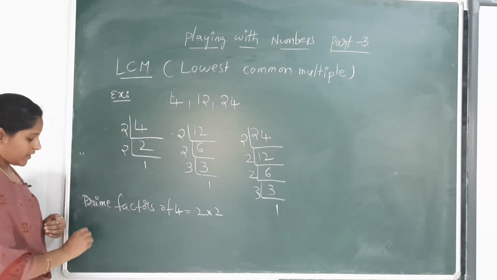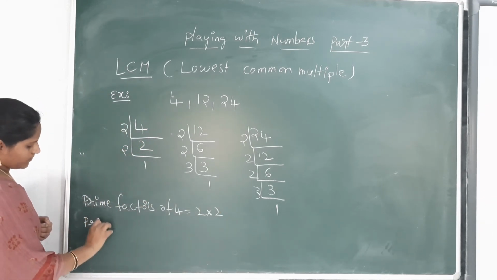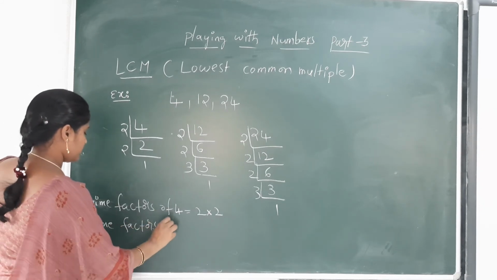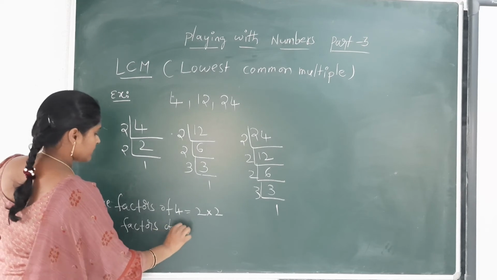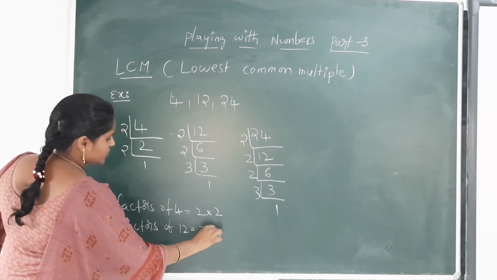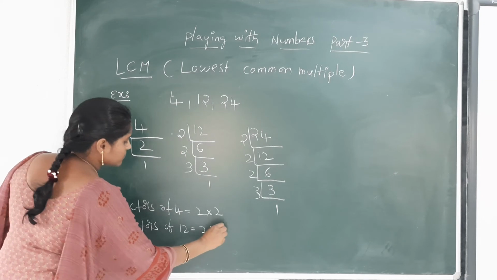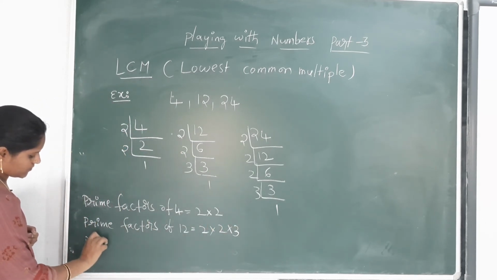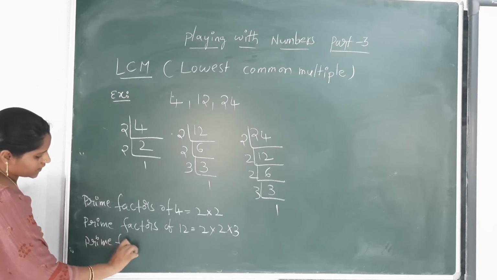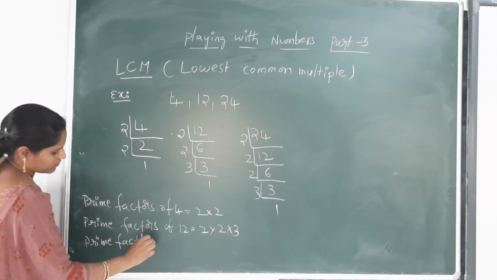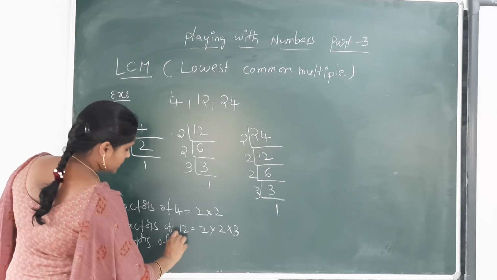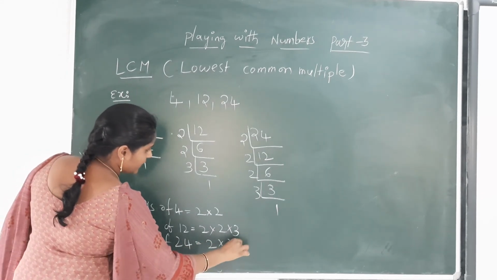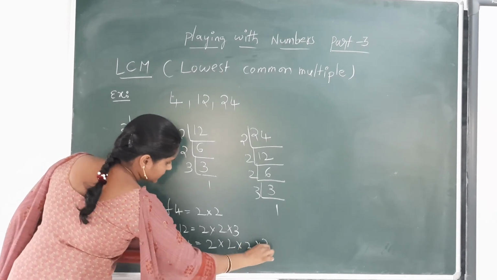Prime factors for 12 are 2 into 2 into 3. And prime factors for 24 are 2 into 2 into 2 into 3.